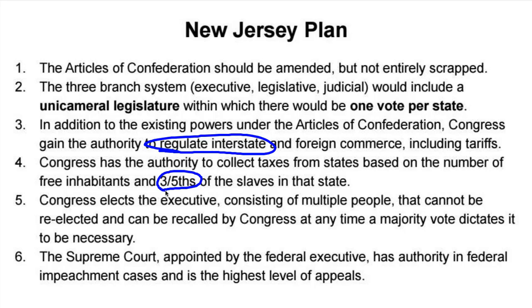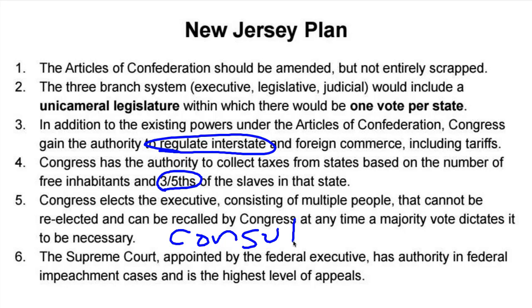That's actually referred to as a consul, where there's numerous people who reach a consensus on decisions in the executive branch, and they can't be reelected. They only serve one term, and can be recalled by Congress at any time a majority vote dictates it to be necessary. So very similar to our impeachment proceedings that are included in the Constitution.